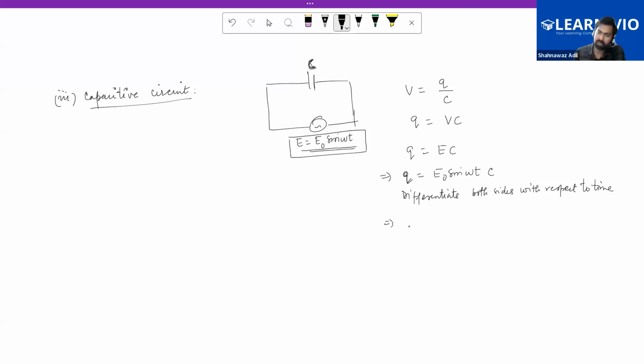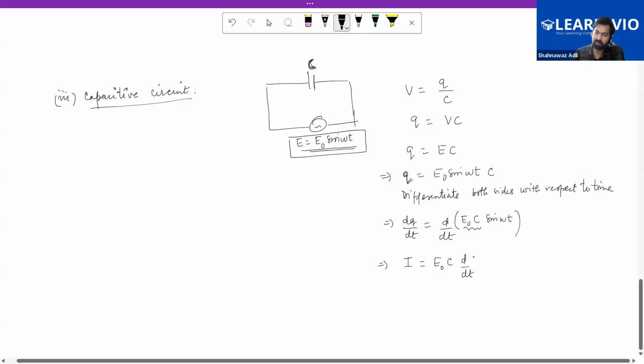So what I will get is dq by dt equals d by dt of E naught C sine omega t. So dq by dt is the desired thing, that is the current that we want. E naught and C are constants, so they are taken outside. And then we have to differentiate sine omega t.